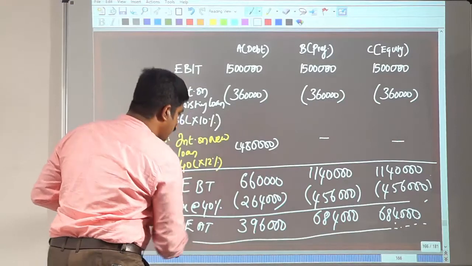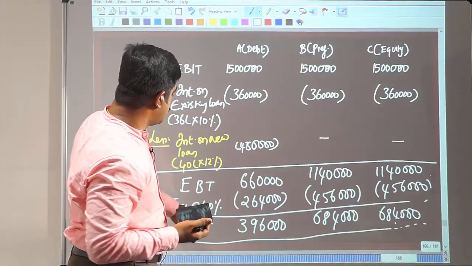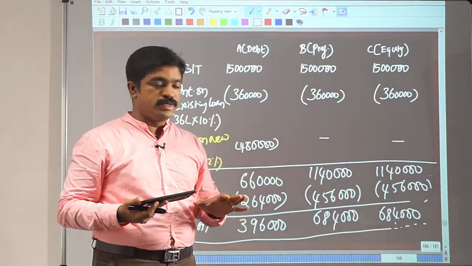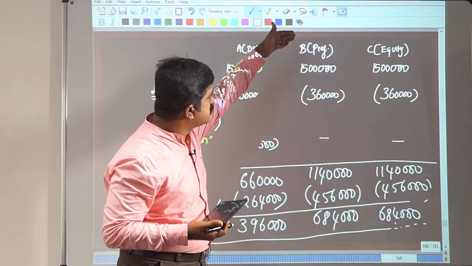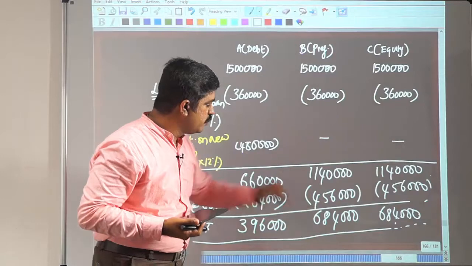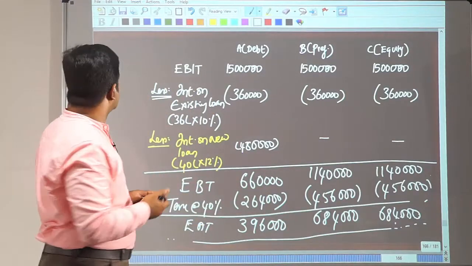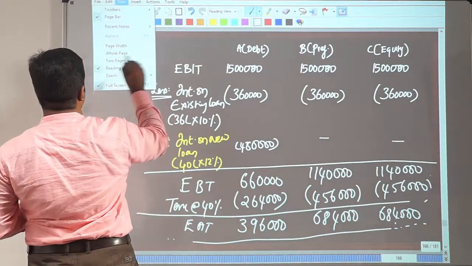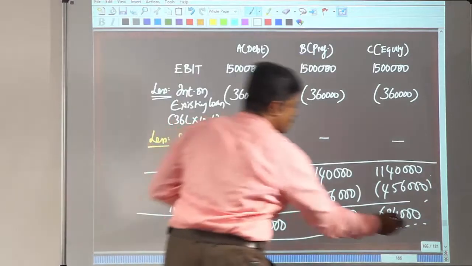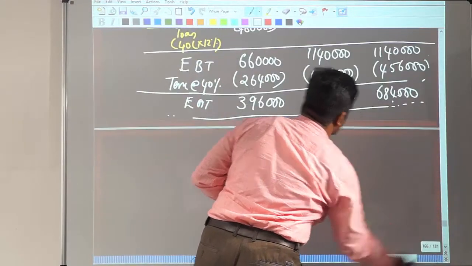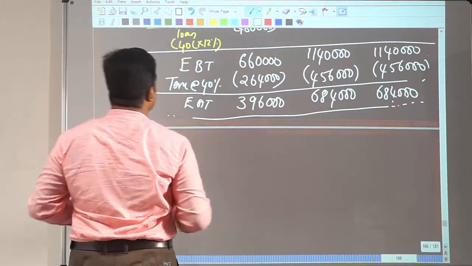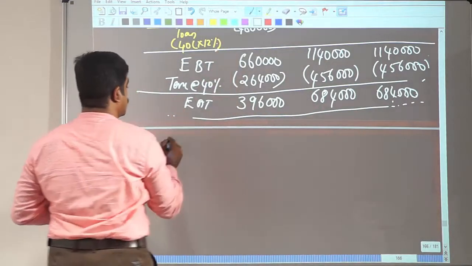So what I have now is earnings after tax, and what I have to do now is, there is a second plan which involves preference dividend, so I have to remove preference dividend. So let me just change the view and increase it. Okay, so from this let me deduct the preference dividend.